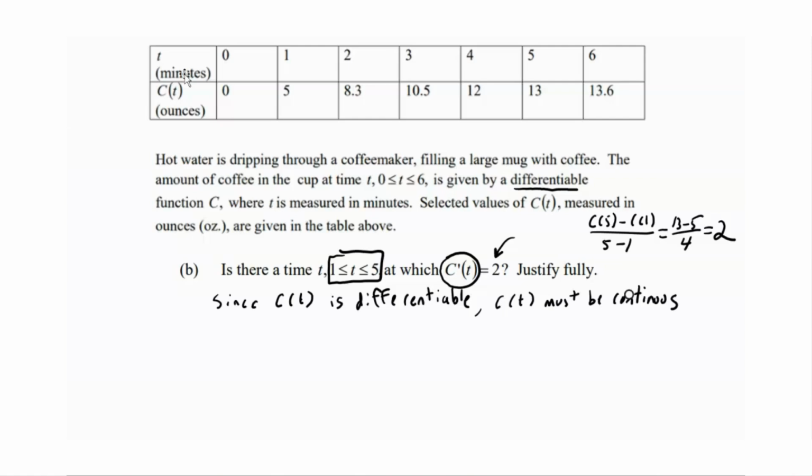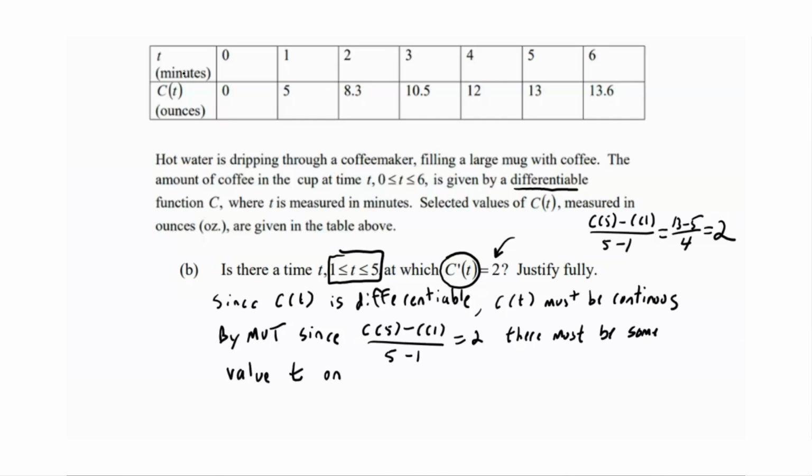So what we would say is, by MVT, since c of 5 minus c of 1, divided by 5 minus 1, equals 2, there must be some value t on the interval, and then we write out our interval, such that c prime of t is equal to 2. Okay? All right, let's try the third part.